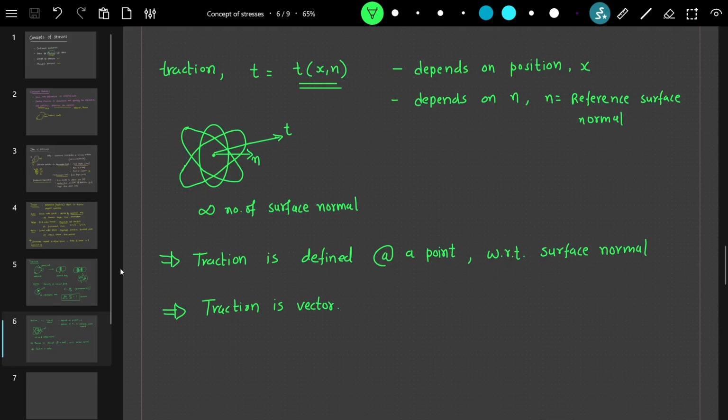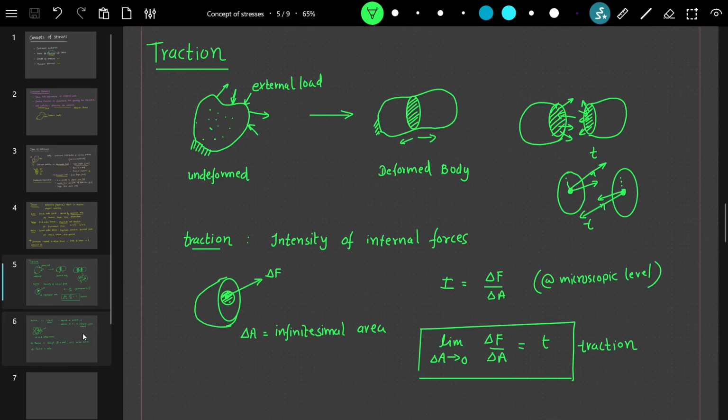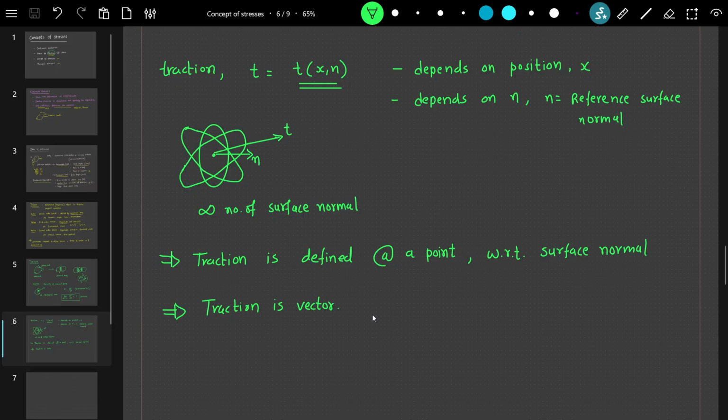Let's take a point here in this body. Let's take this as the normal, and this is the traction. Always we define it as Tn because traction is associated with a surface normal. So from now we'll say Tn.